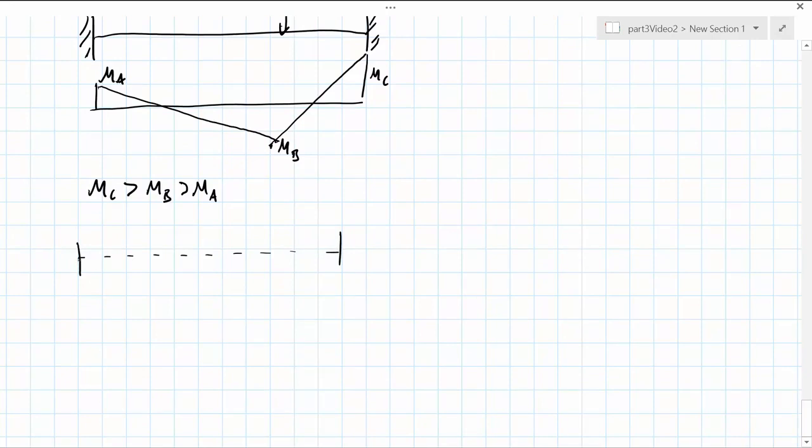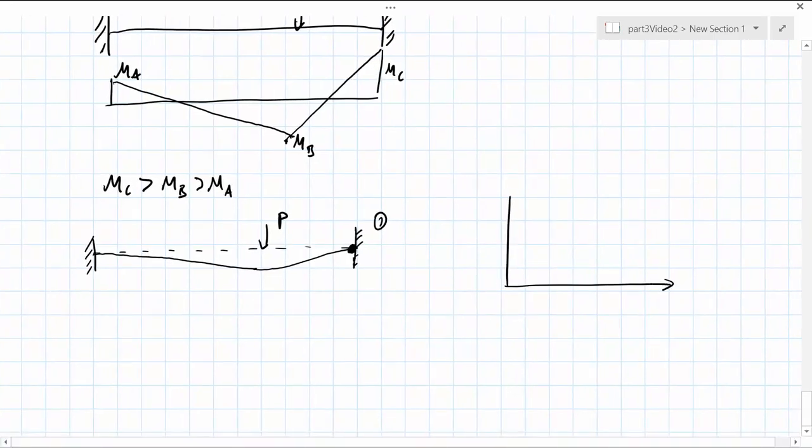We will see elastic deformations for the structure initially, with the first plastic hinge forming at the support where the moment is the greatest, in this case MC, and the corresponding force displacement relationship being drawn here.